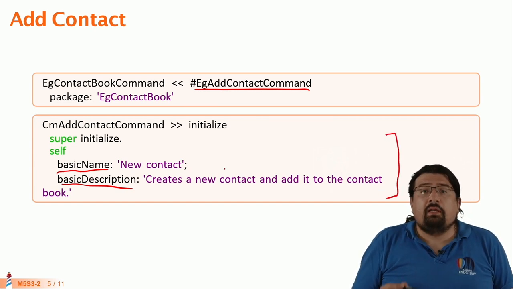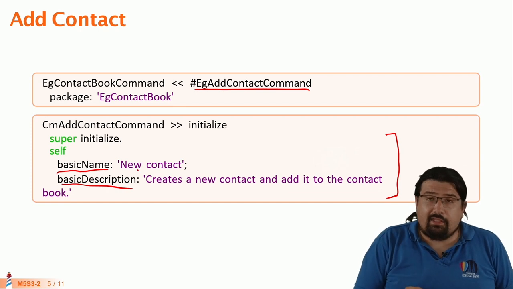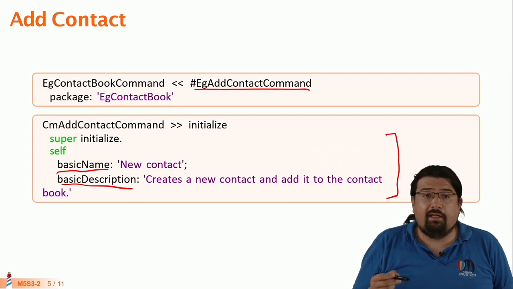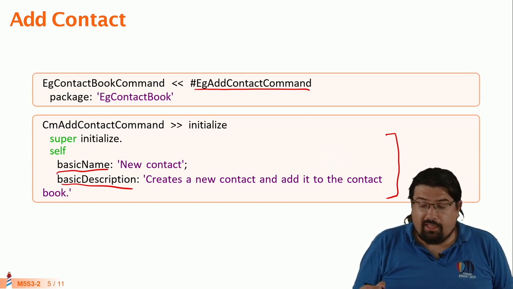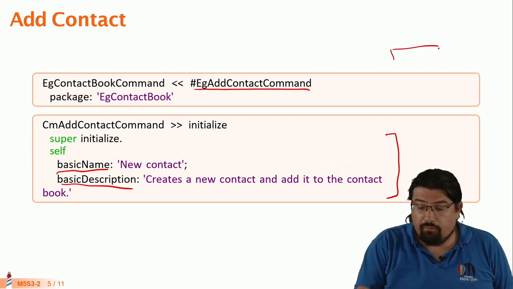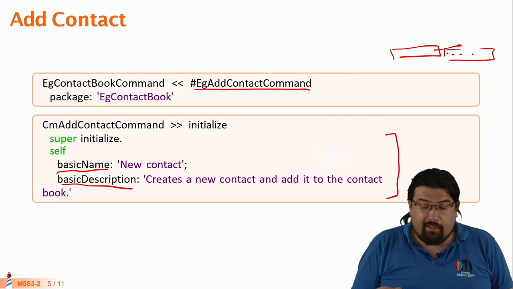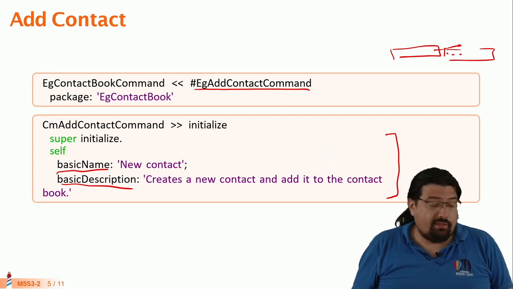Each of them will just give the name and the description, and the framework will create the required element in the user interface. For example, each of the menu options will have a describing text saying what it's doing and what the icon or the shortcut is, if it has one.